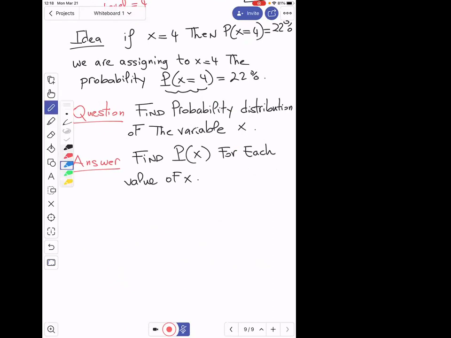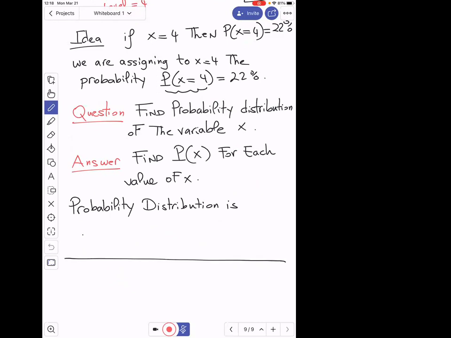So the answer would be like a table. The probability distribution is given by a table. We're going to have a table here, and at the top you have your x, which goes from the boredom level 0 to 6: 1, 2, 3, 4, 5, and then 6.